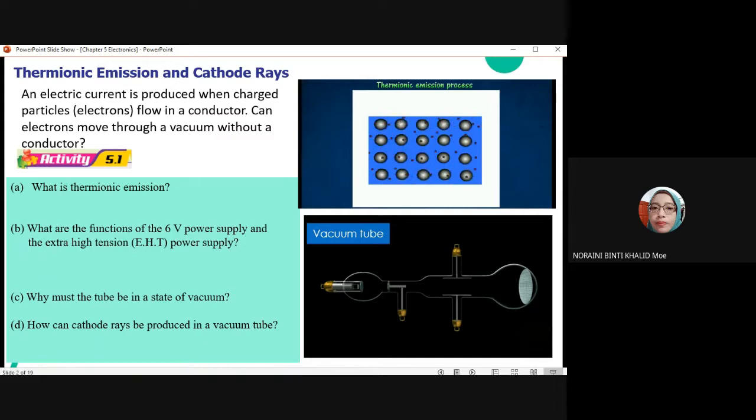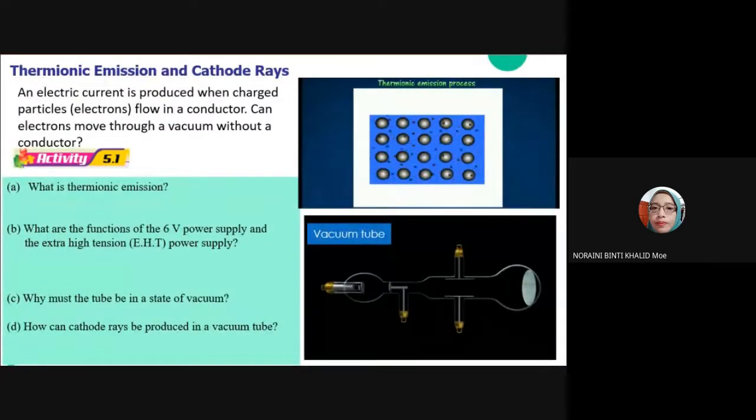Under the surface of metal, there are a lot of free electrons with a certain amount of kinetic energy. When the metal is heated up, electron will gain enough energy and be able to free itself and release from the surface of metal. This process that shows some electron escape from the surface of heated metal, we call it thermionic emissions.